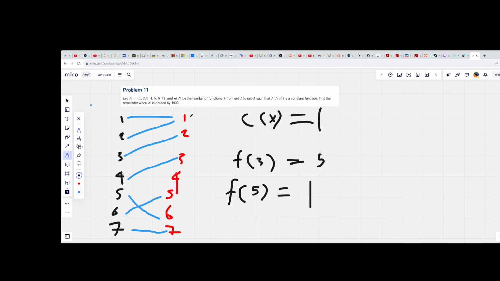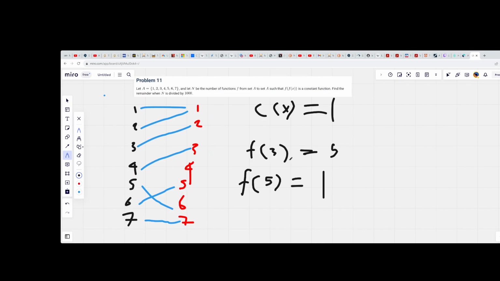Say that 1 is what our constant function always returns. 2 of these are returning 1 right now. So basically you have some part of the set which maps straight to what your constant returns, and then some part of the set that maps to the things that map to the constant.